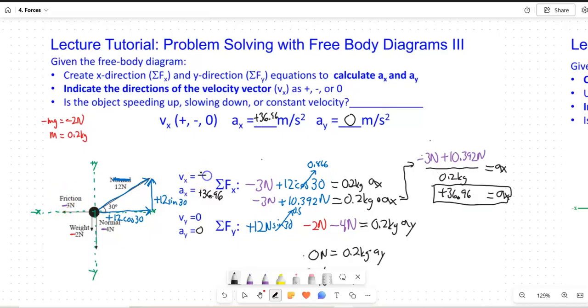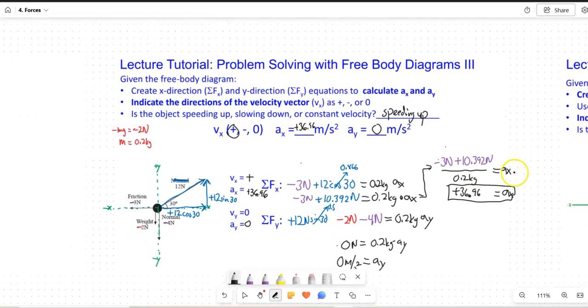So that means it's got to be moving to the right because the friction vector is always opposite the velocity vector. So that is moving to the right. Since the velocity is positive and the acceleration is positive, that is going to be speeding up. All right, that looks good.